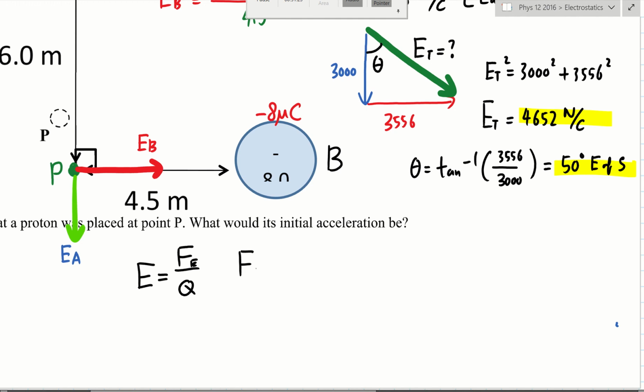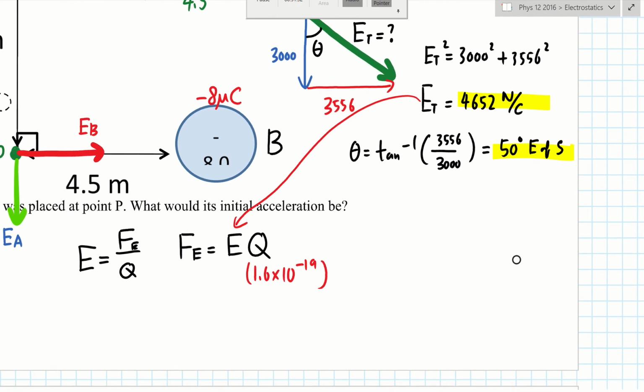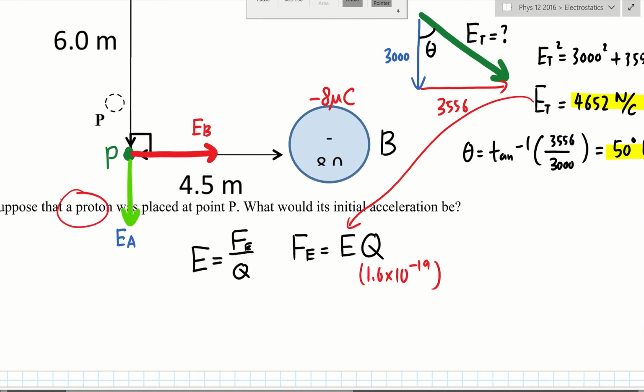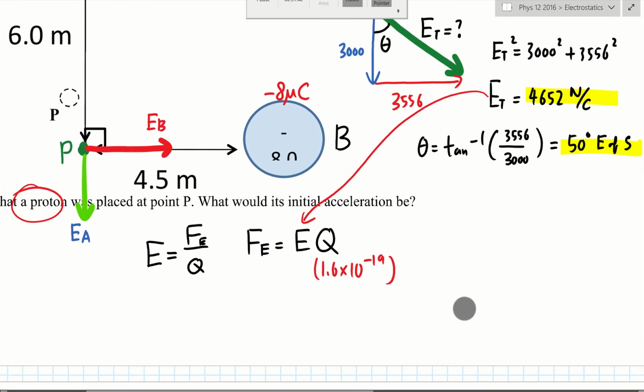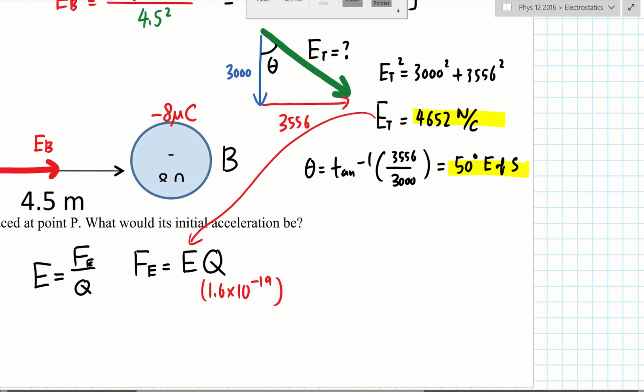So if you want the force, it'll be like this. Okay, so you can get your force just by multiplying the electric field by the charge of a single proton, because they say we are putting a proton in there. So the total force happens to be about 7.4 times 10 to the negative 16 Newton.